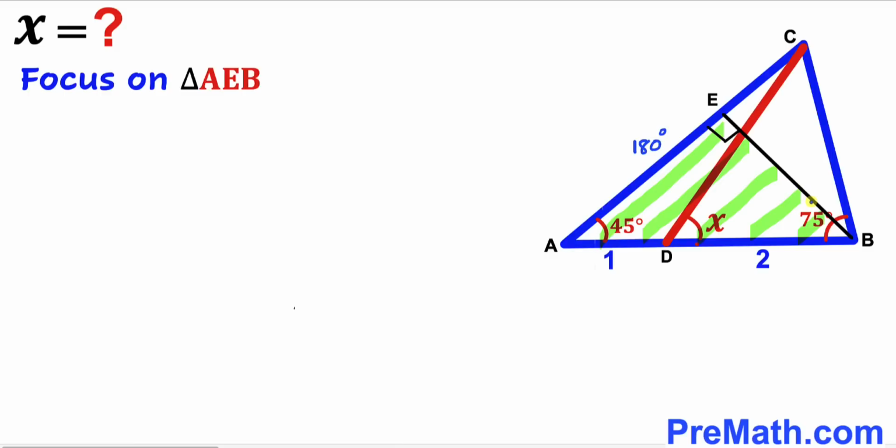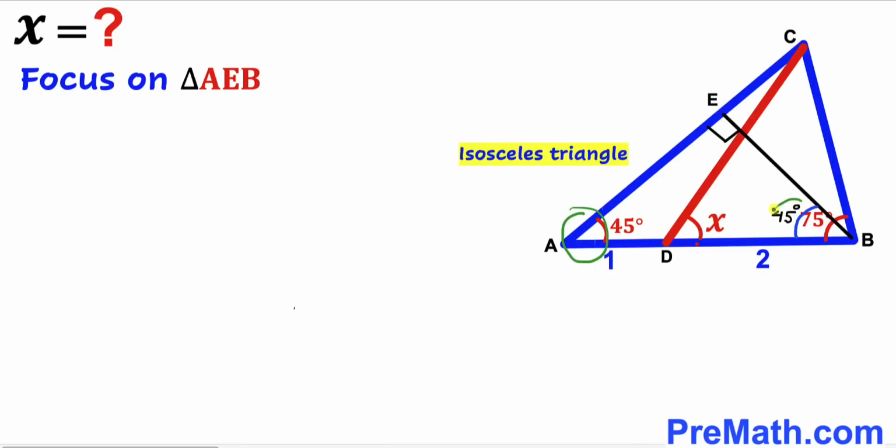So this angle has got to be 45 degrees. Since these two angles are 45 degrees each, this triangle AEB is an isosceles triangle. In other words, this side EB is equal to this side AE.